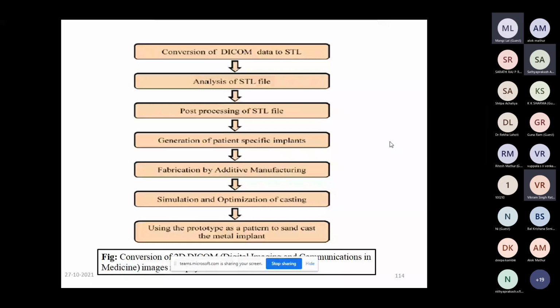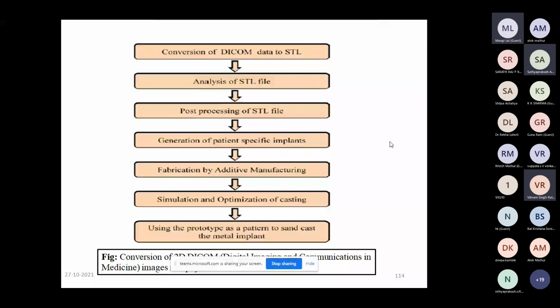Okay, because analysis of the STL file is very important, because you cannot just take the direct STL file into the machine, because you have to refine this file of your need. Okay, not the whole data of the STL file is required for the generation.